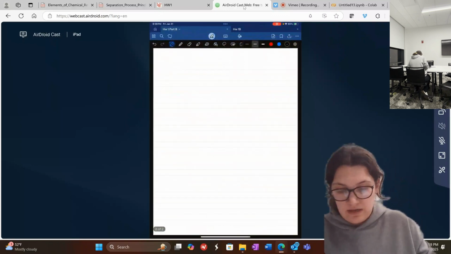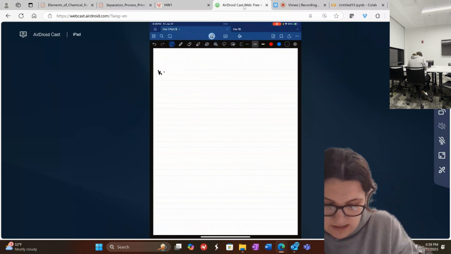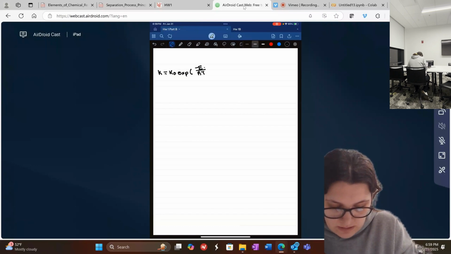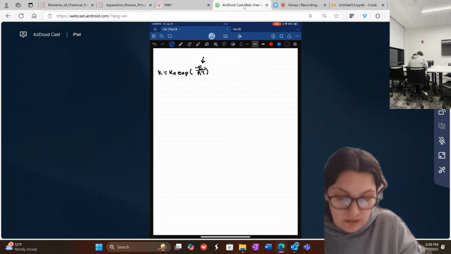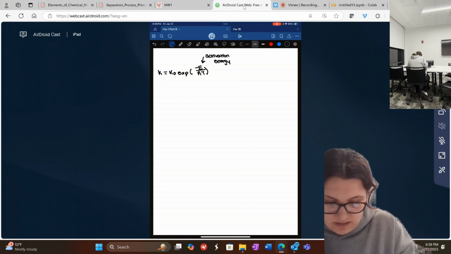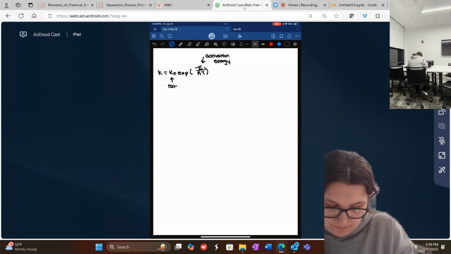So to calculate k, we actually have k is equal to k naught times exponent of negative E over R T. And this term here is our activation energy, and k naught is our rate constant.